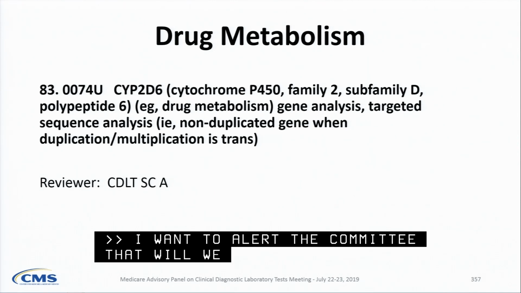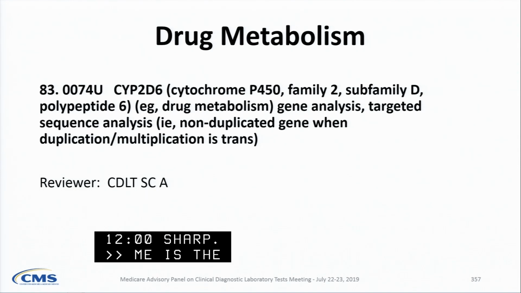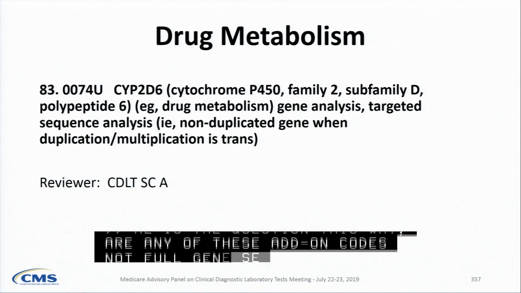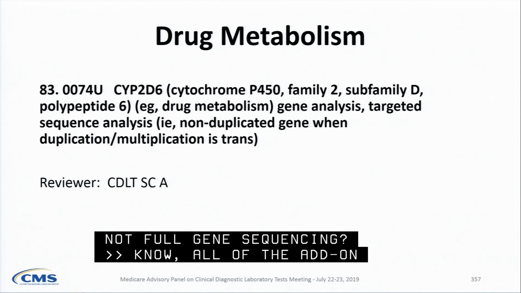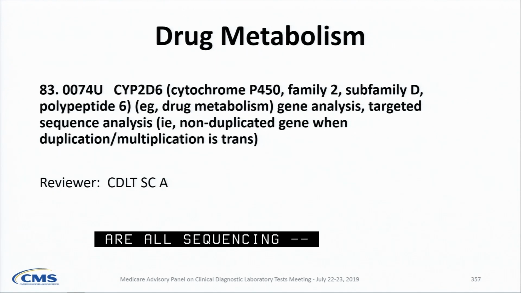So let me ask the question this way then. Are any of these add-on codes not full gene sequencing? No, all of the add-on codes are all sequencing, full gene sequencing. Complete gene. Well, the exons, not the introns and promoter.